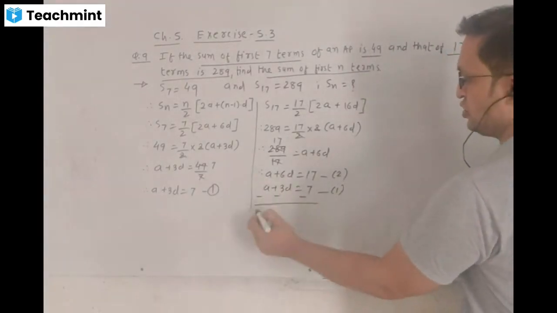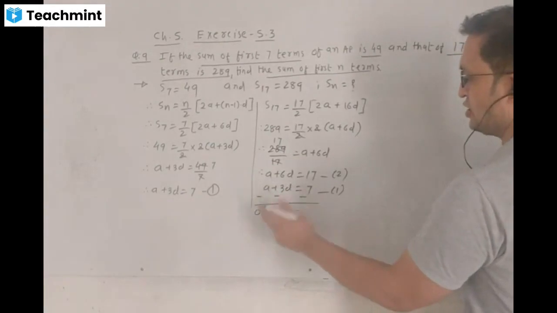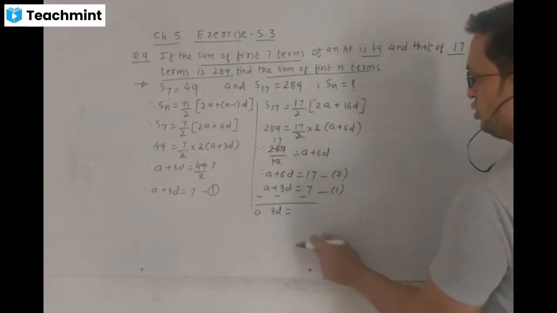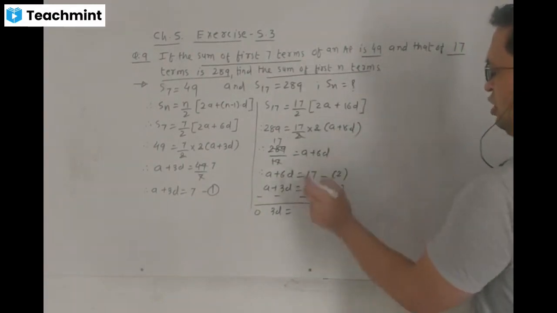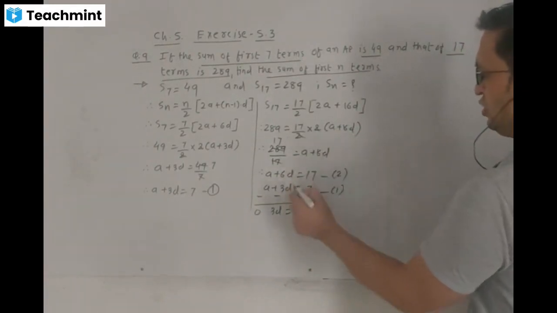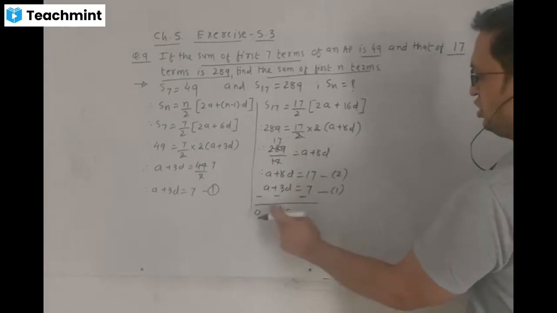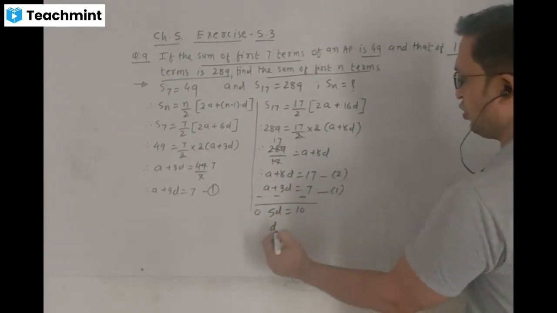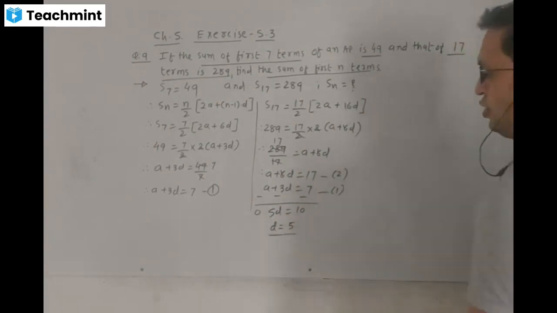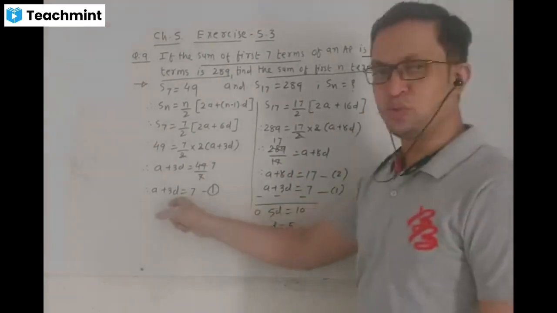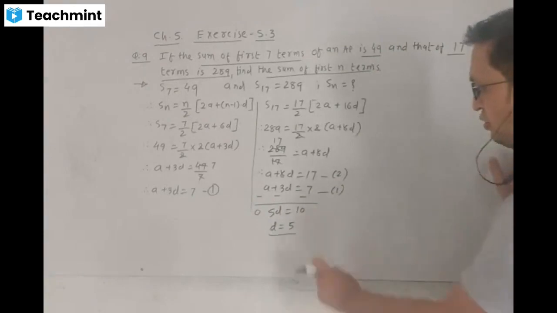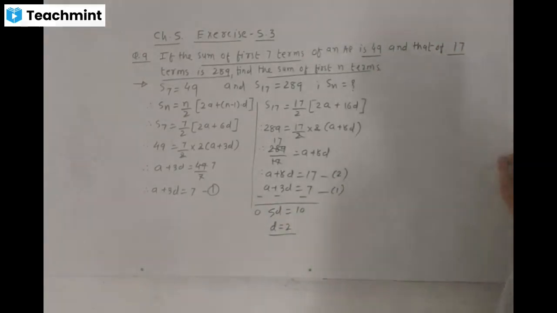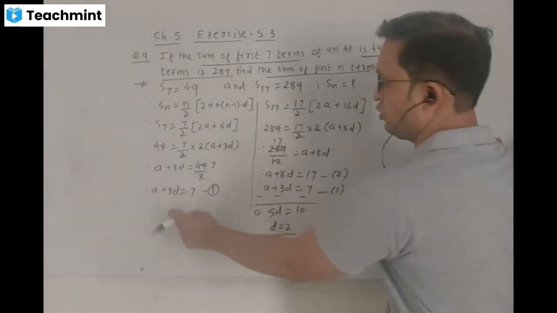So a minus a is 0, and a plus 8d minus 3d is equal to 5d, and 5d is equal to 10. Therefore, d is equal to 10 divided by 5, that is d is equal to 2.